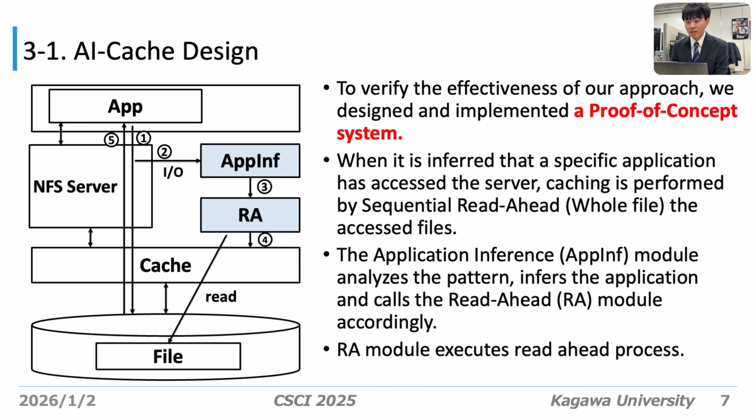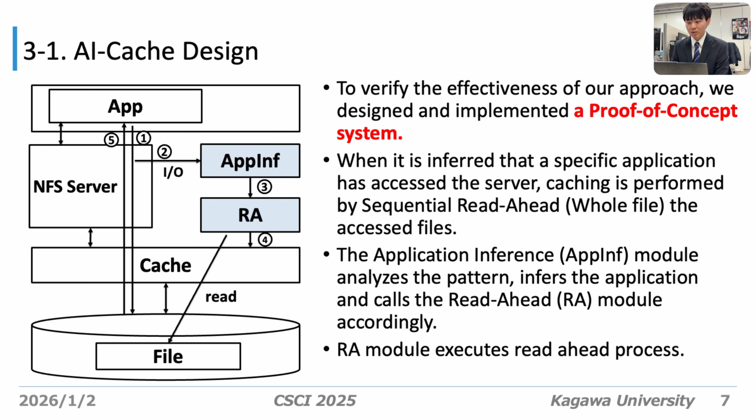This slide shows the AI cache design. To verify the effectiveness of our approach, we designed and implemented a proof of concept system. When a specific application is inferred, the system reads ahead the entire file. The flow is as follows. First, the NFS server receives an I/O request from a client application.